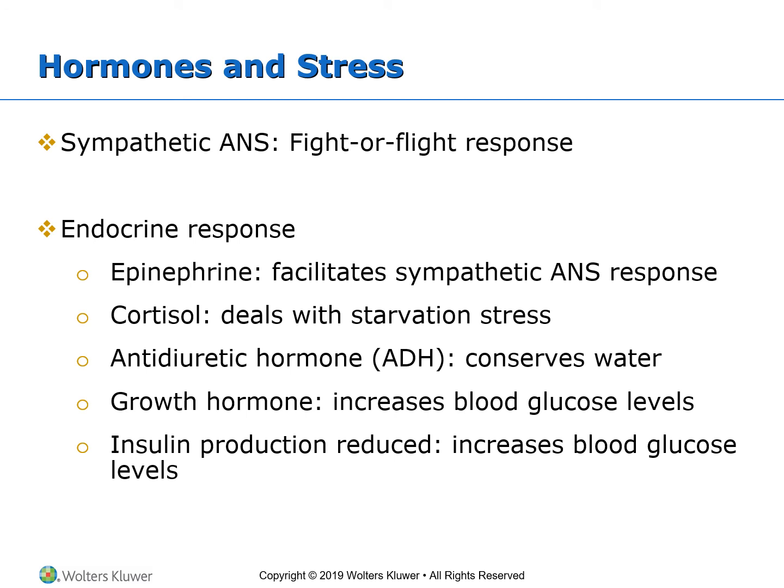The antidiuretic hormone will conserve water and maintain a high blood pressure. Also, stress will in some cases activate the growth hormone, which increases the blood glucose level too, while insulin production will be reduced because we need high levels of glucose in the blood during stress.